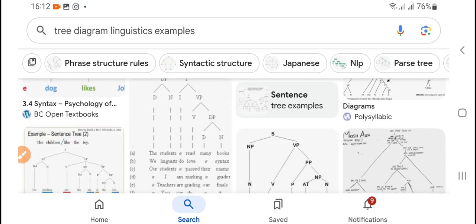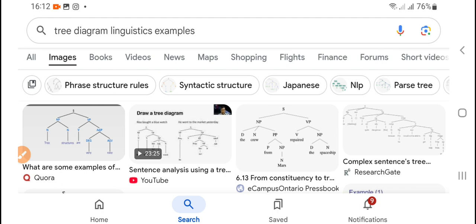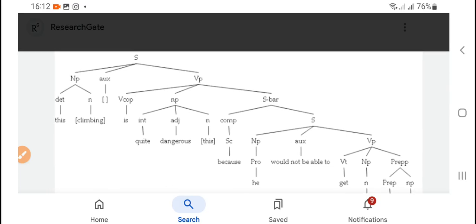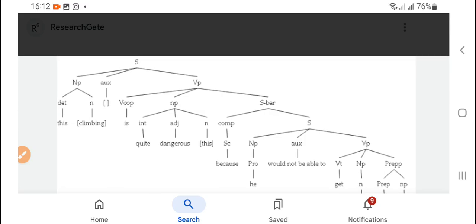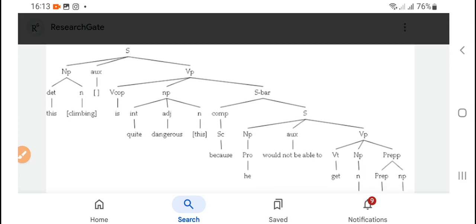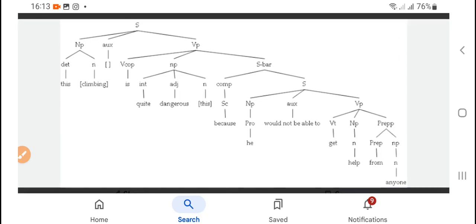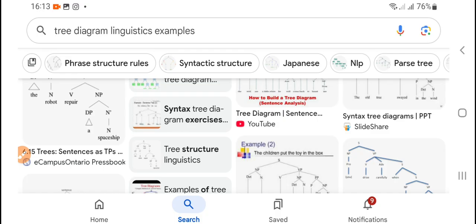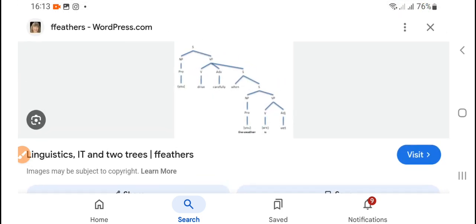I don't know. Okay, no problem. We'll see later on because so many sentences are there. Anyway, let us see this sentence. The climbing is quite dangerous because he would not be able to get help. A very lengthy sentence, you will get confused this time. I definitely would like to speak on it later on, but now go for simple sentences first of all.